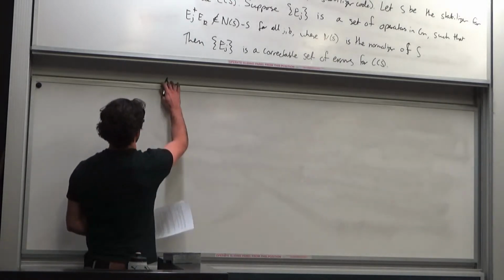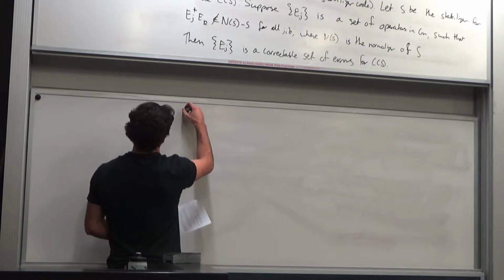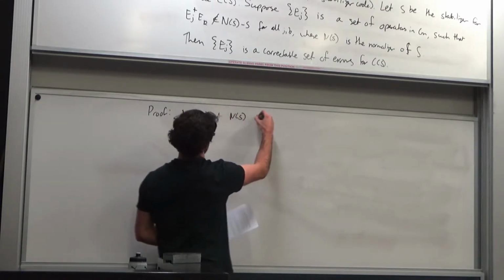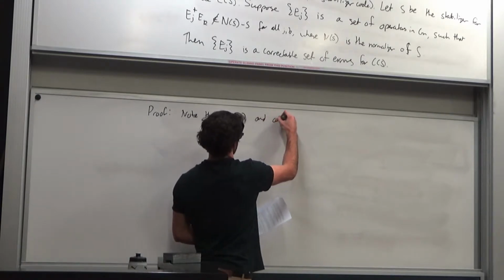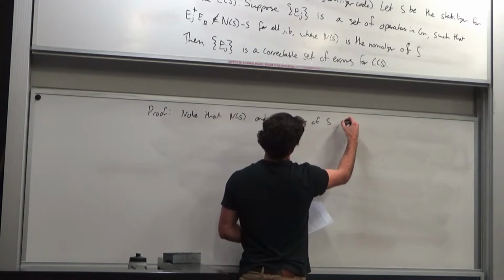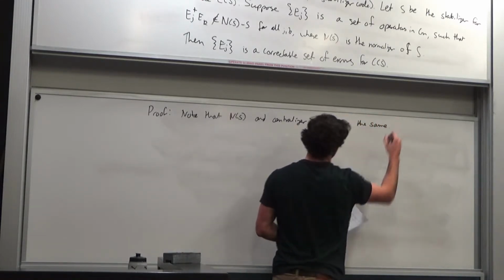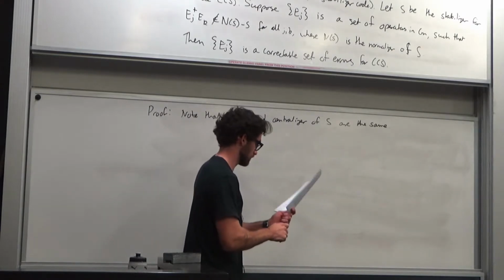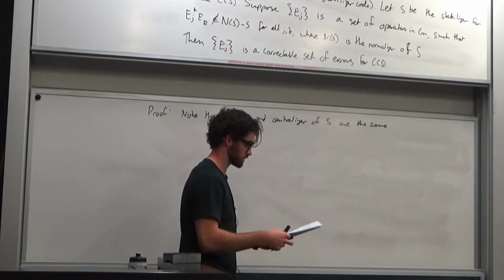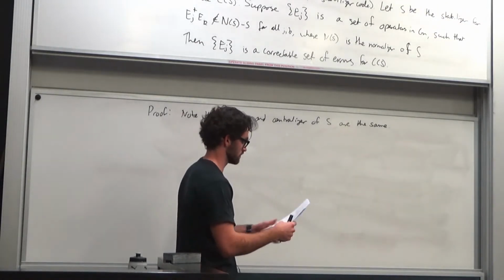All right, so let us first note in this proof the normalizer of S and the centralizer of S are the same. The centralizer is always contained in the normalizer, so we just need to show the other direction, which we do by contradiction.